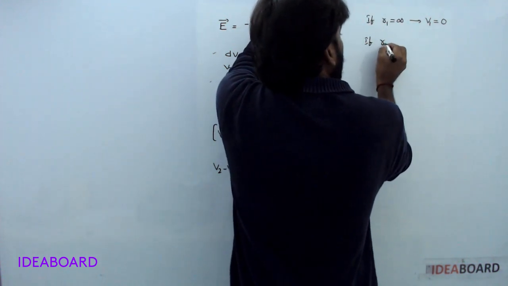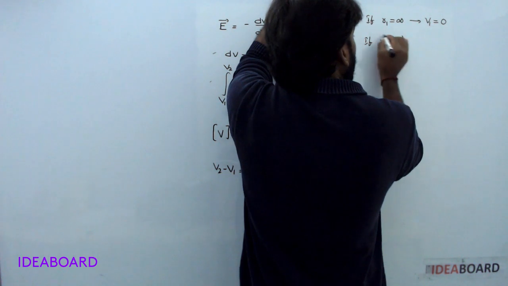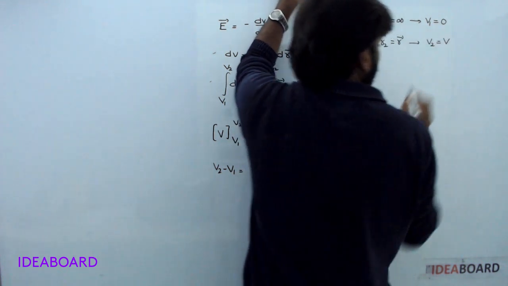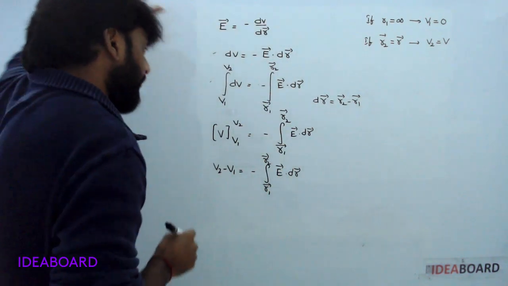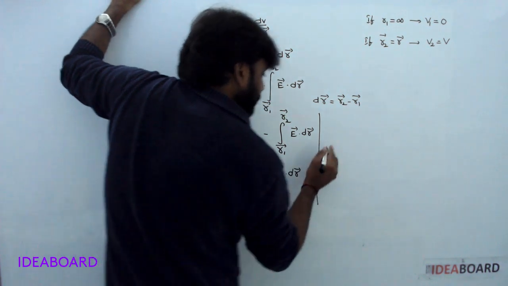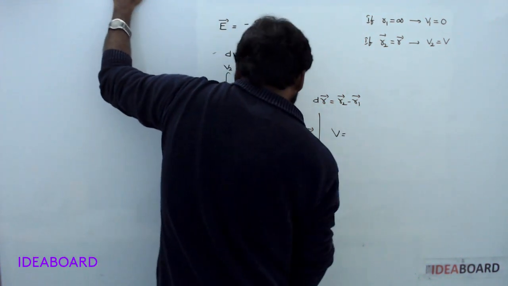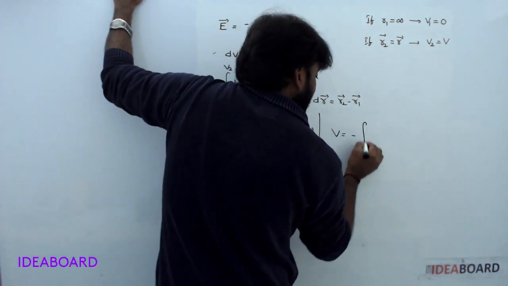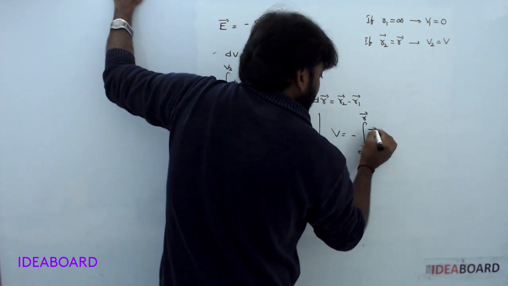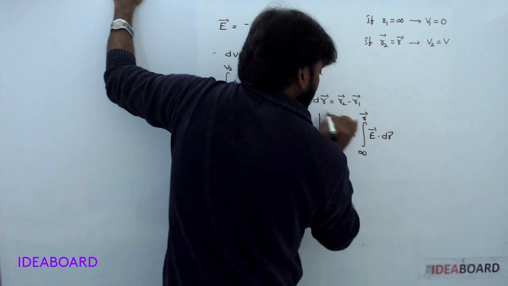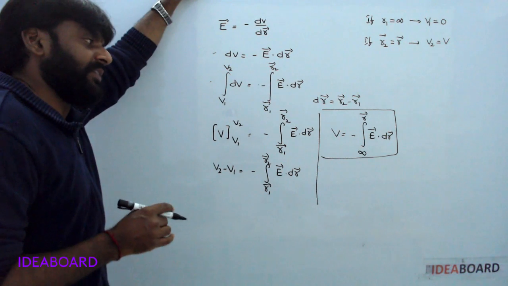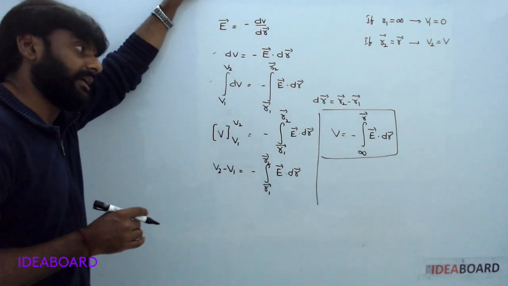R2 is equal to R bar, and in that case V2 is equal to V. So V is equal to minus the integral from infinity to R of E bar dot dr bar. Understood?